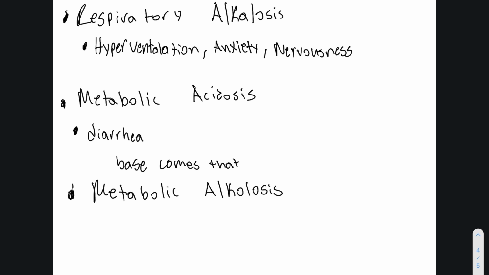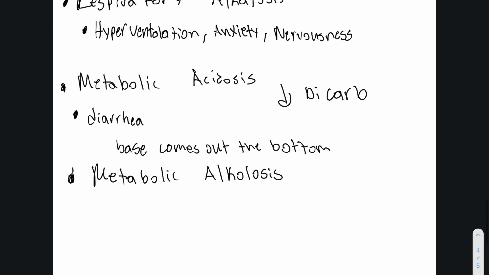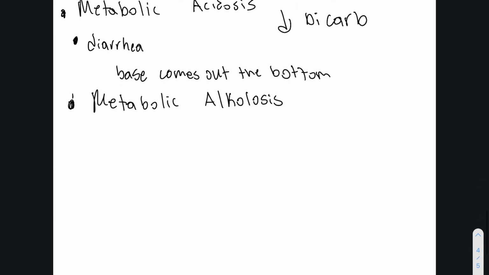Base comes out the bottom, as in your rectum. So when you poop, there's a lot of bicarb in your intestines. And when you're having diarrhea, you're washing that bicarb out. So in metabolic acidosis, you're just going to have a decrease in bicarb. Okay? Now, there are a bunch of other causes, but for the ABG purposes, it's going to be a decrease in bicarb.